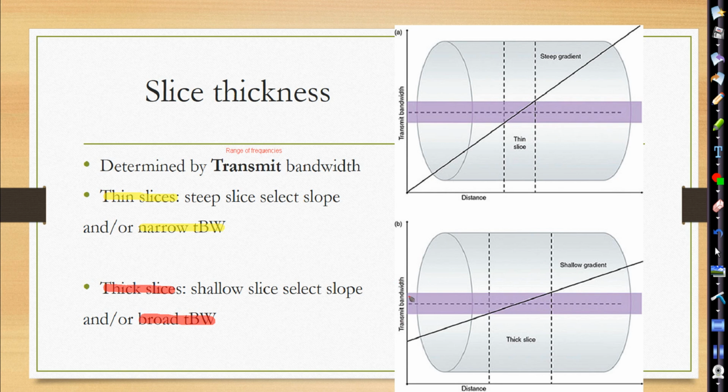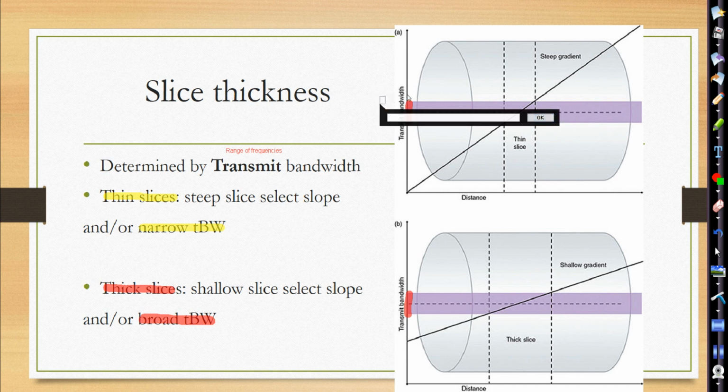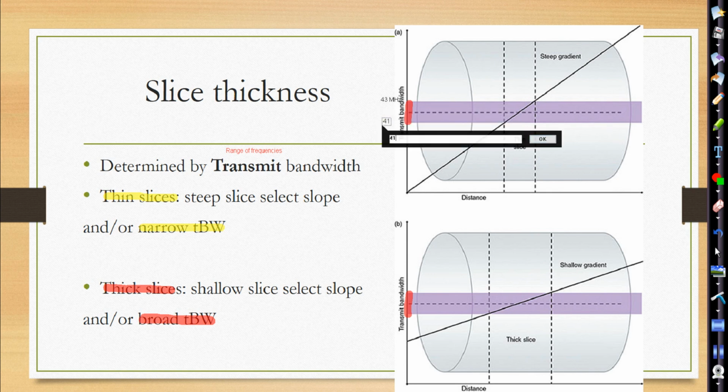So imagine if the transmit bandwidth stayed the same. Here we have an example where the transmit bandwidth is the exact same. Say we have a range of 43 megahertz at the top end, and then down at the bottom we have 41 megahertz. And the only thing that's changing is how much current we're pumping into that slice select gradient.